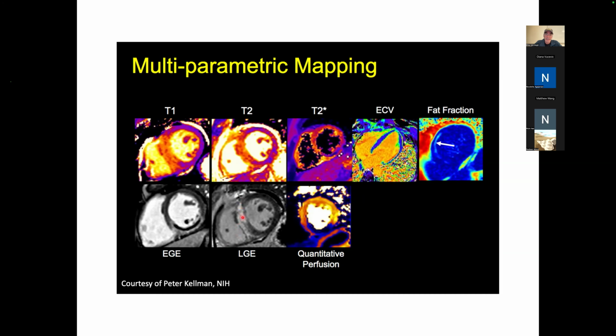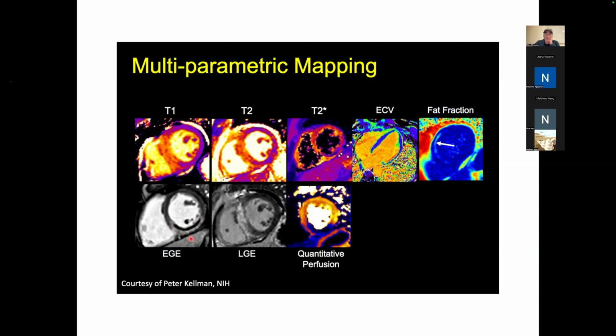We have late gadolinium enhancement here, where, as we saw, it gets bright in infarcted tissue. Early gadolinium enhancement here, showing that there's a lack of blood flow or a lack of perfusion. So this is competing directly with something like SPECT to do perfusion imaging. And then, you can just see that there's a dark spot here, and that's fine.